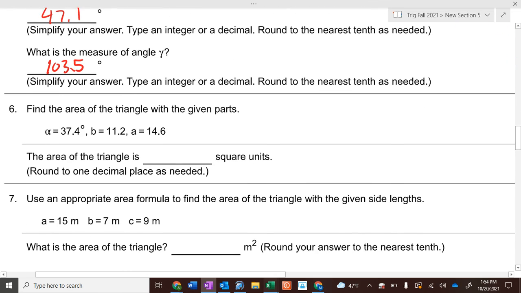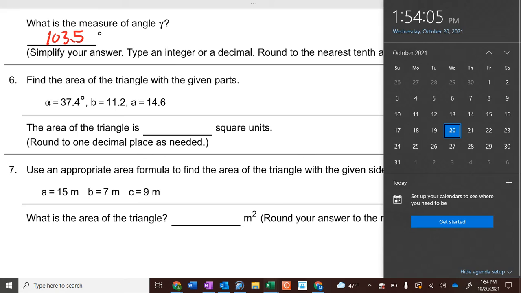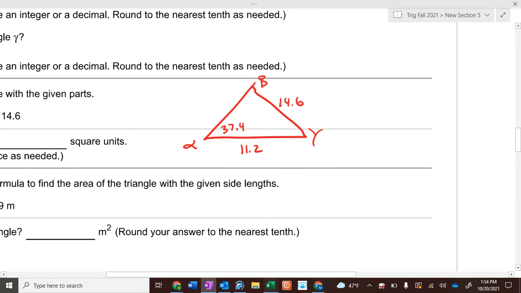Okay, areas of triangles. In this triangle, I'm just going to name them off. Alpha, beta, gamma. Alpha is 37.4. B is 11.2. A is 14.6. Do we have side angle side? No, we got to get to side angle side so we can do this. I want gamma, but I can't just get gamma. I have to do law of sines to get there.